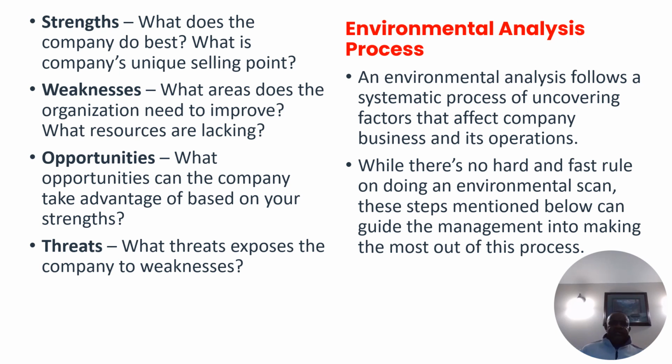And then weaknesses: what areas does the organization need to improve? What resources are lacking? And then opportunities: what opportunities can the company take advantage of based on its strengths? And then threats: what threats expose the organization to weaknesses?